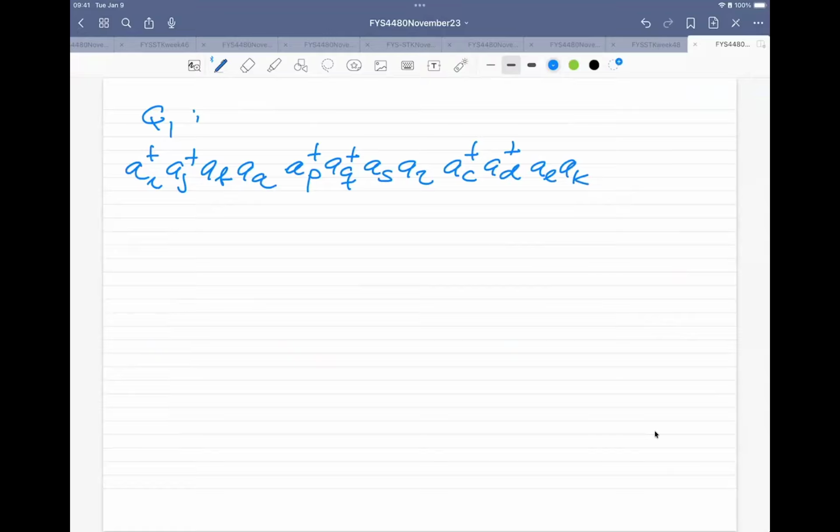This gets exciting, eh? And now I'm going to have the next one, which will be a new operator here. So there's going to be an a_e. So these are particle states. And then I have an a_n and an a_m here. So I'm having four sets of two-body operators.